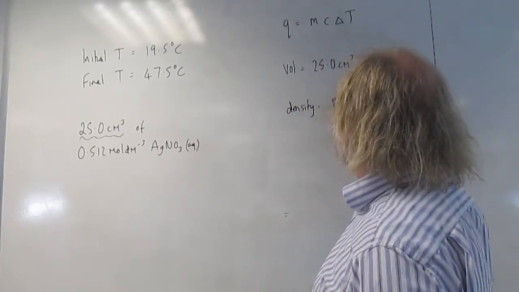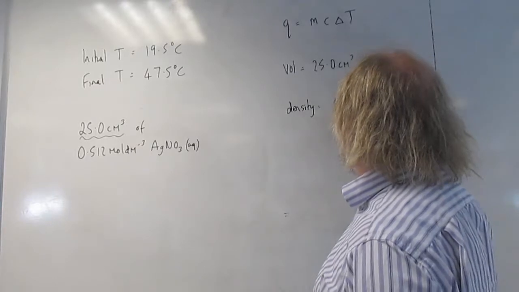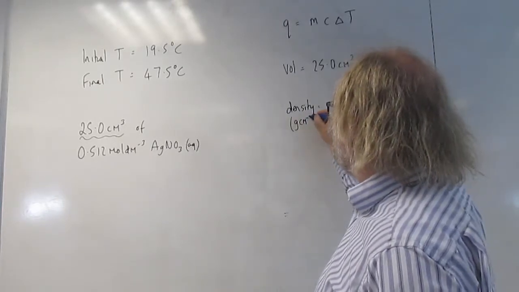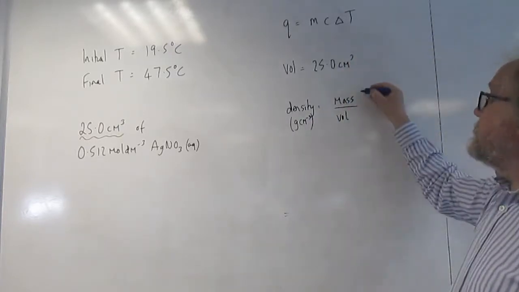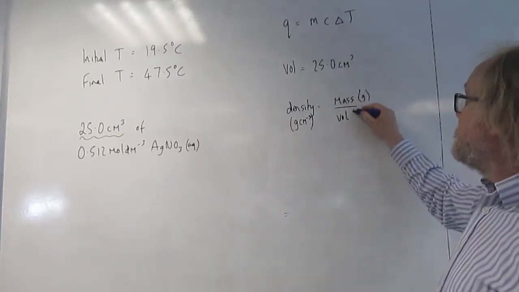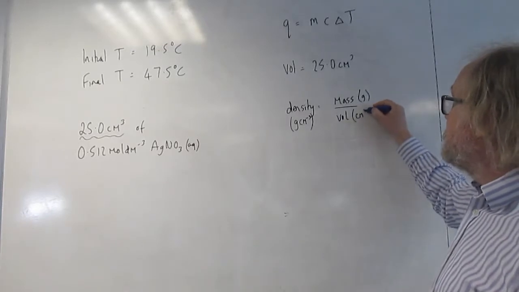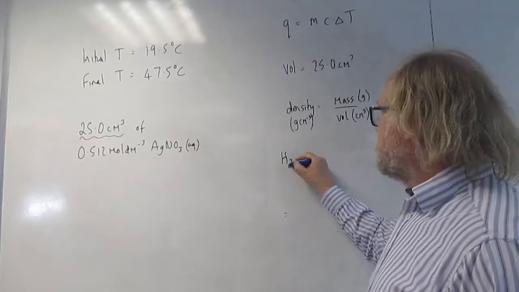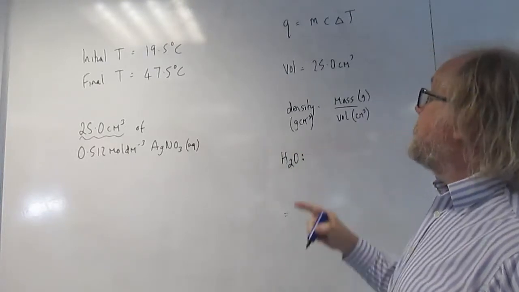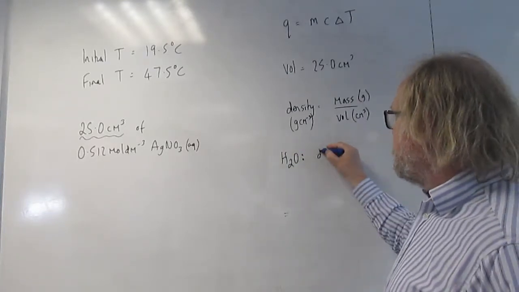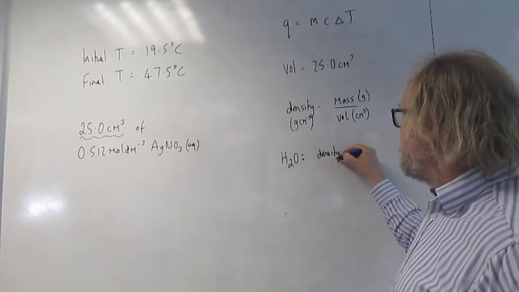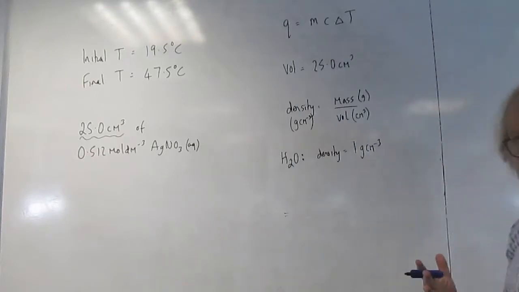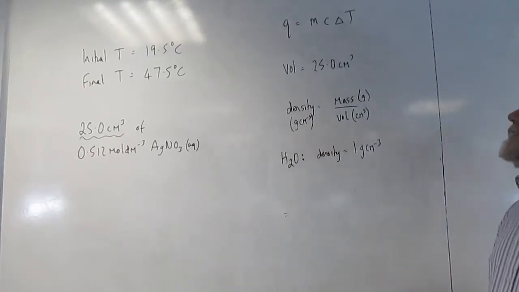Okay, density is equal to mass divided by volume, and the density is normally given in grams per cm cubed in chemistry, so that means it's the mass in grams divided by the volume in cm cubed. And for water, which it's told you to assume has the same density as your solution, the density is 1 gram per cm cubed. Now you have to know this so that you can apply this to the calculation.